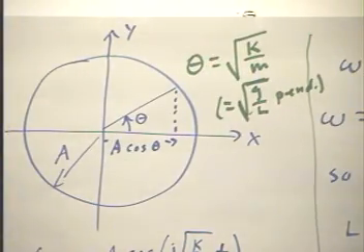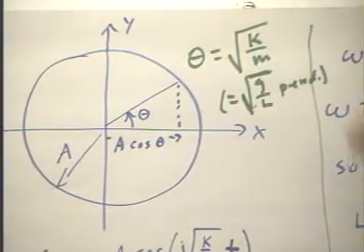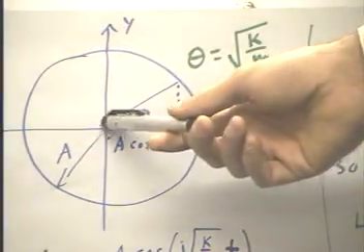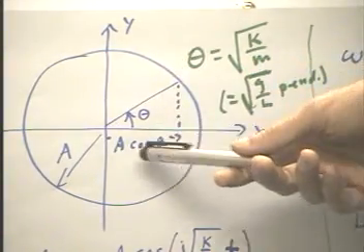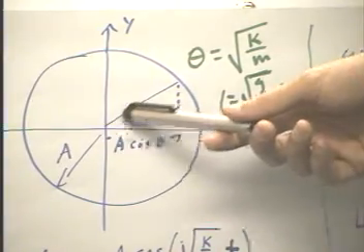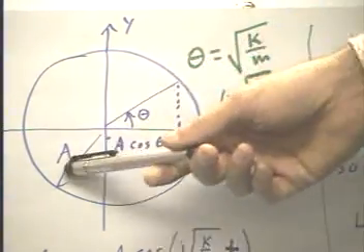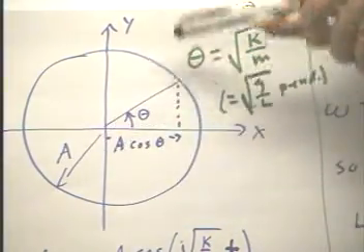What is the x-coordinate of a point on a reference circle? Well, if the point is at angle theta, then the x-coordinate is A cosine theta, just by the definitions of trigonometric functions. Think of this as a vector of length A, the radius of the circle, so it has to have length A if it goes from the center out to the rim.